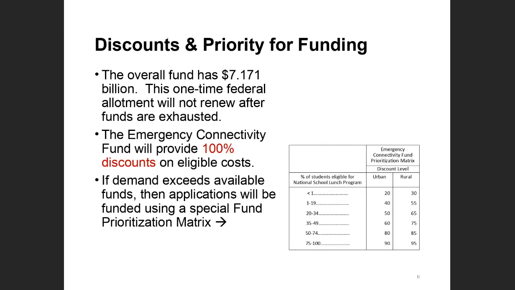So 100% funding to all the schools and libraries in that bracket. Then they'll move down to 90% and try the same thing, and then 85 and on and on. They'll keep doing that until they get to a tier where they can't fully fund everyone, and then they will start looking at the actual percentage of students who qualify for free and reduced lunch, and they'll do that until the funds are exhausted. Hopefully we won't get to that point. I'm really hopeful that in the first filing window, everyone will be fully funded.